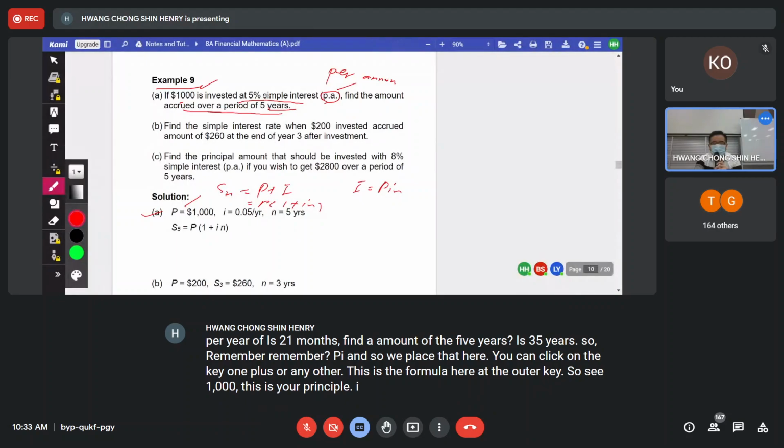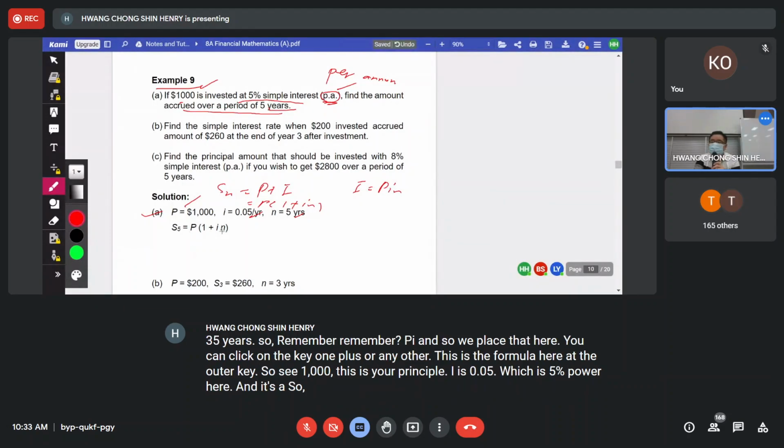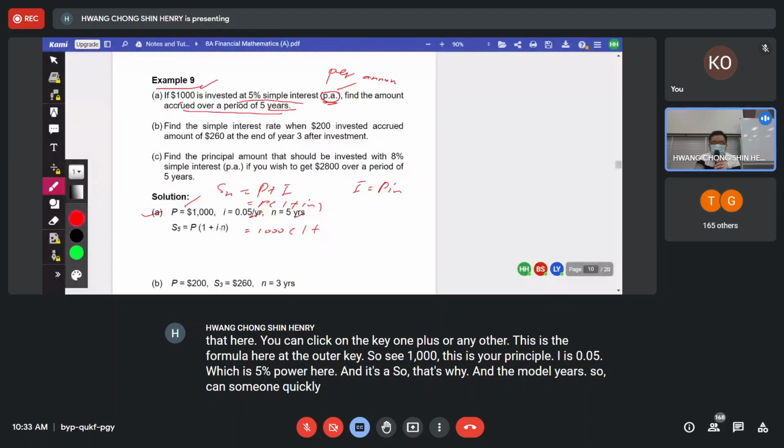I is 0.05, which is 5% per year, and it's 5 years. So what's your S5? 5 years means S5, where N represents the number of years. So can someone calculate? I is 0.05 times N is 5. Okay, calculator.